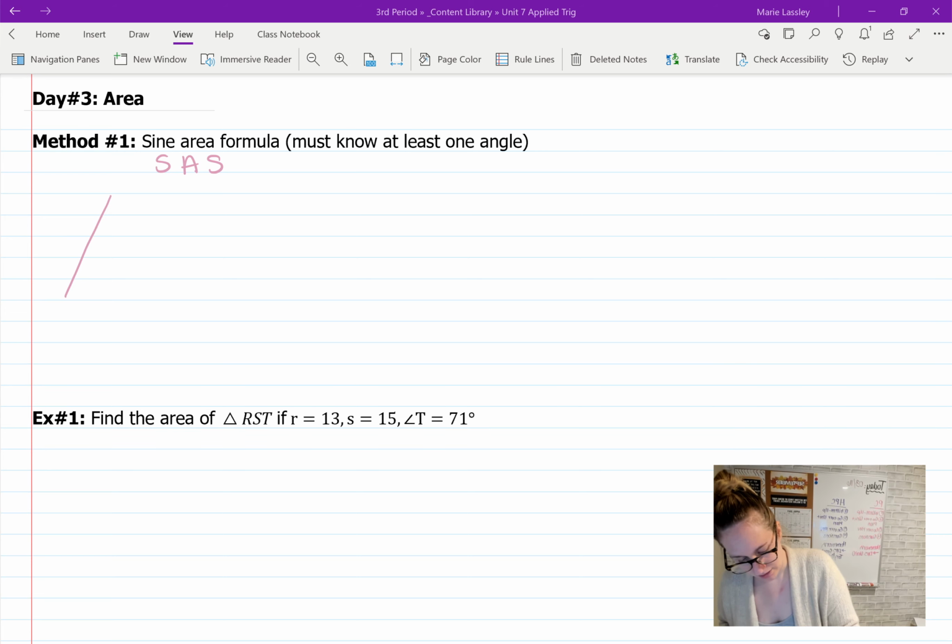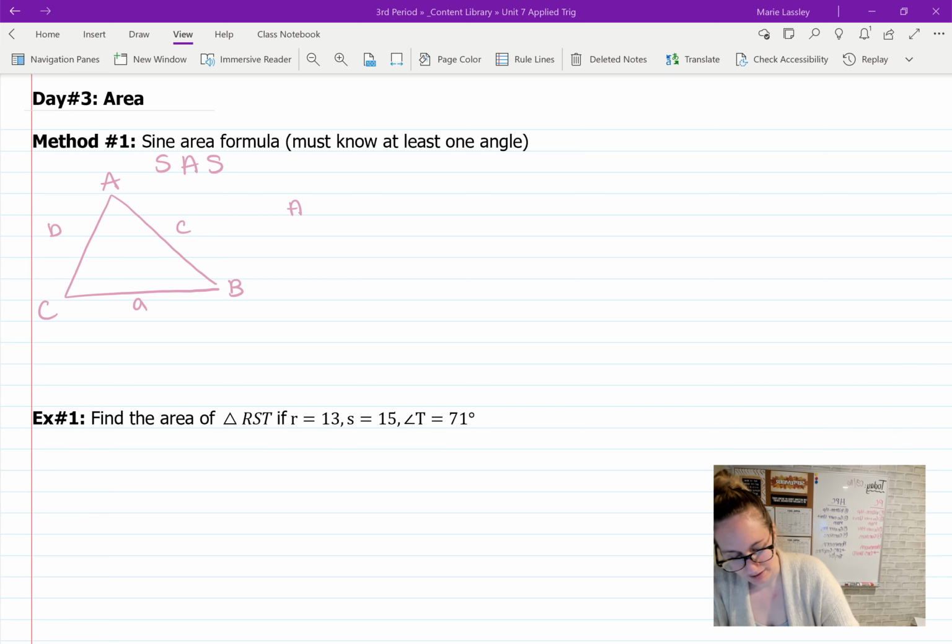So here's our triangle. We'll just stick with the standard ABC. We know this is side A, side B, side C. So the formula using this technique for area looks like this.